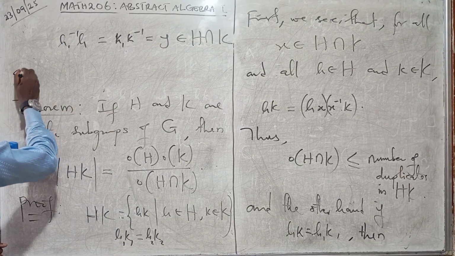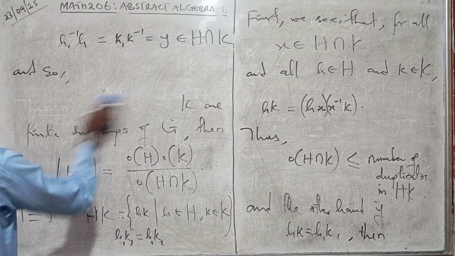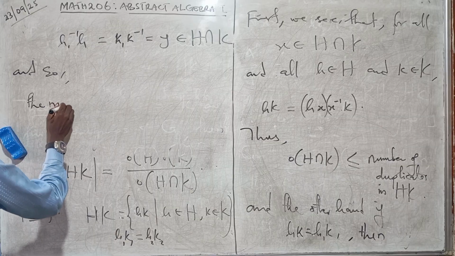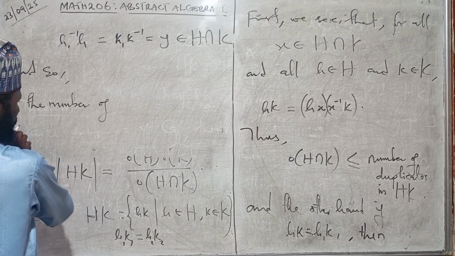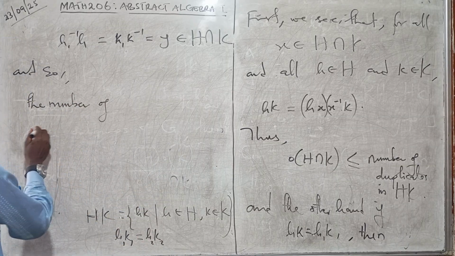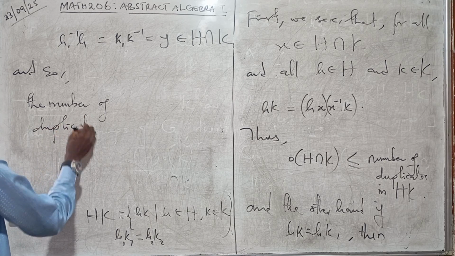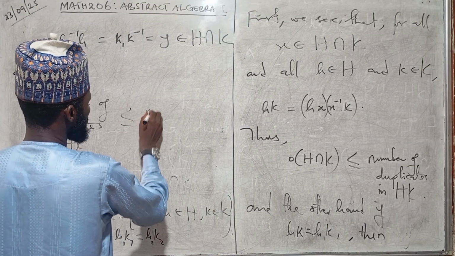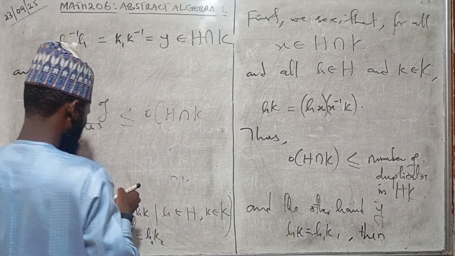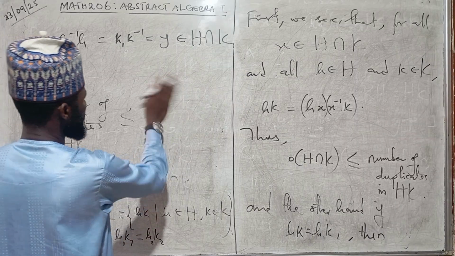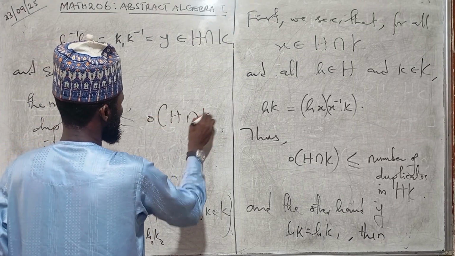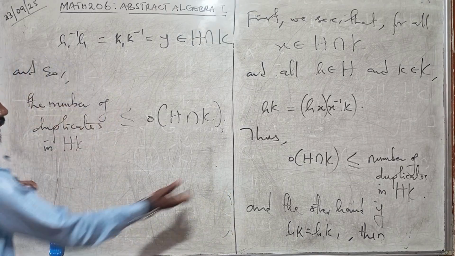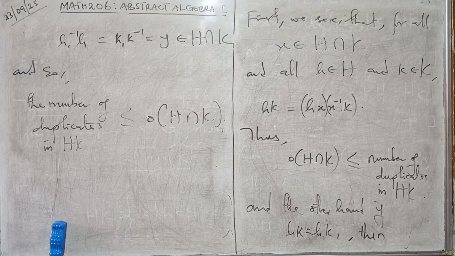So therefore, the number of duplicates in HK is less than or equal to the order of H intersection K, as many elements as there are in the intersection. But then, if you look at the two inequalities, it means equality happens.